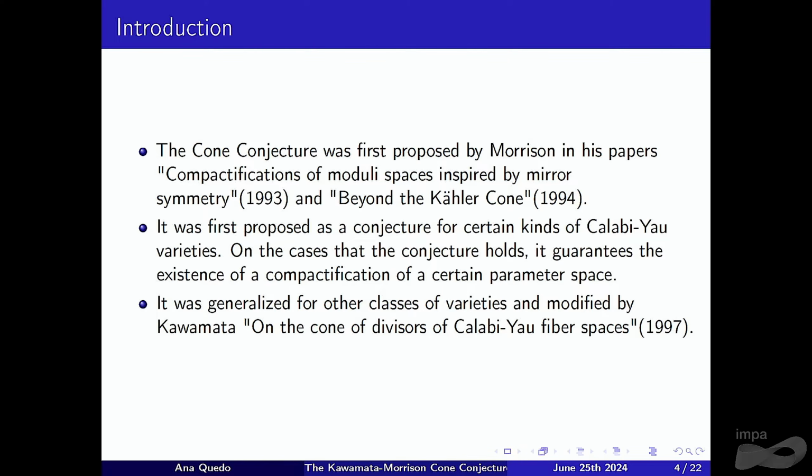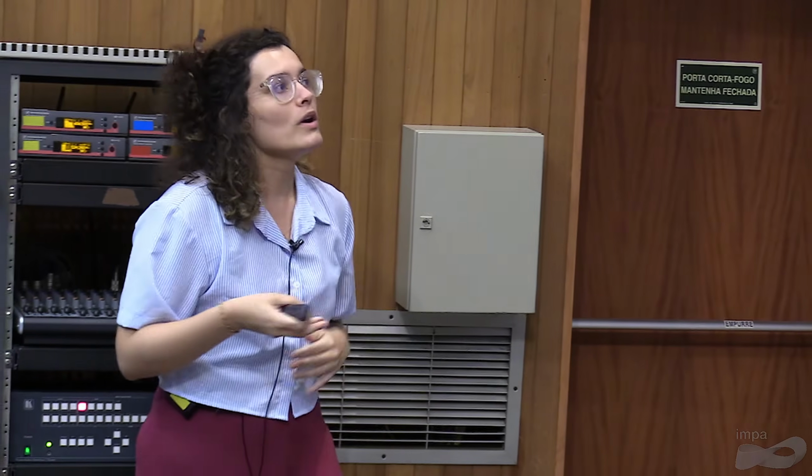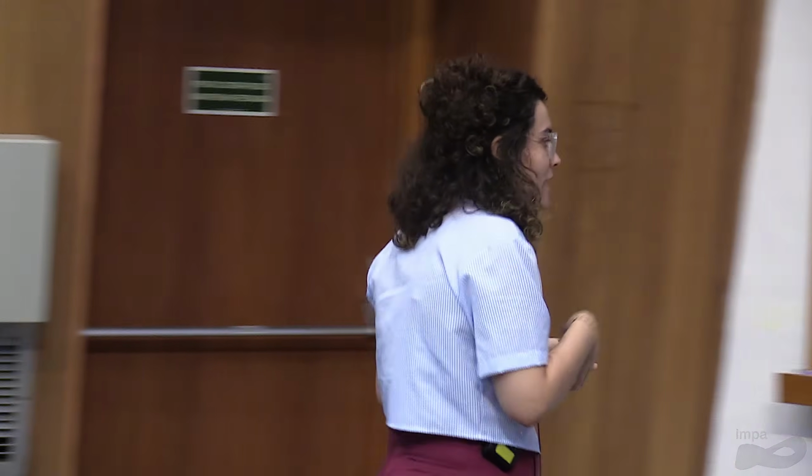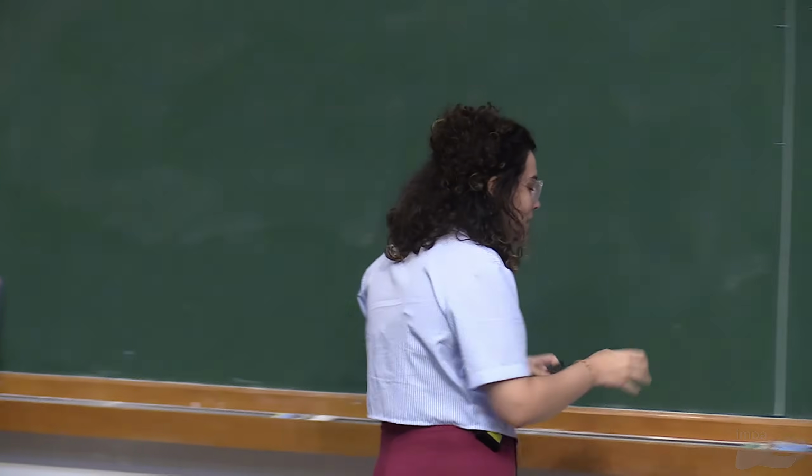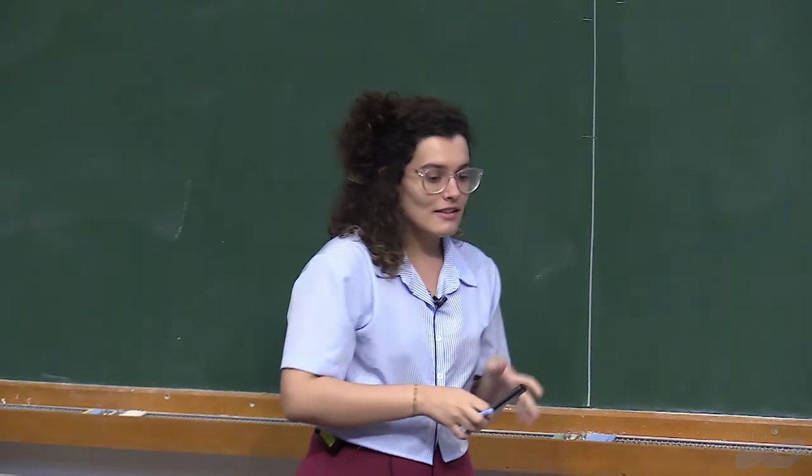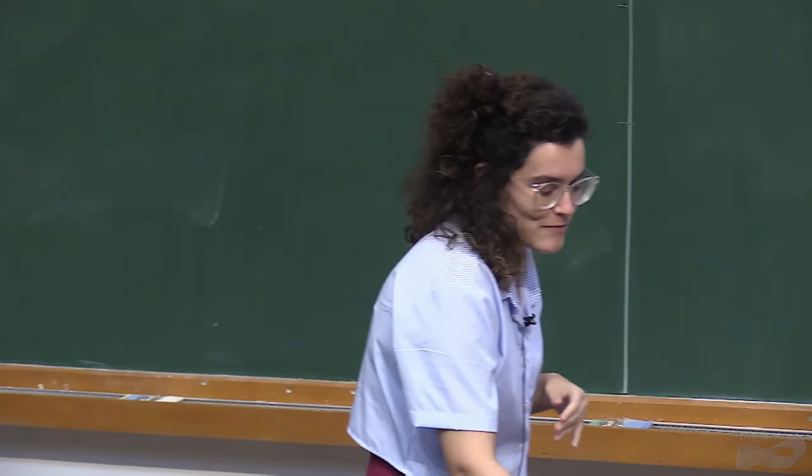He was someone really interested in birational geometry and the minimal model program. And he was the one who realized that this conjecture would have some nice implications when studying birational geometry.